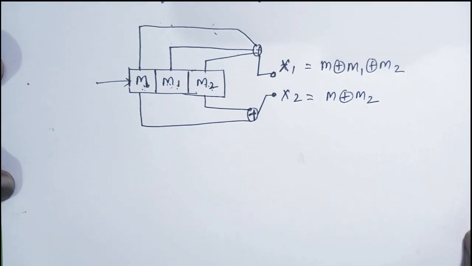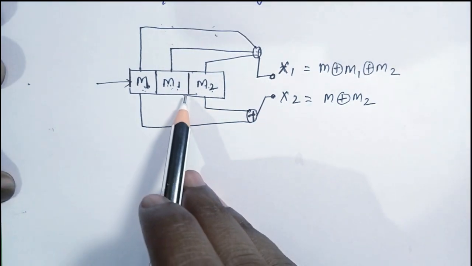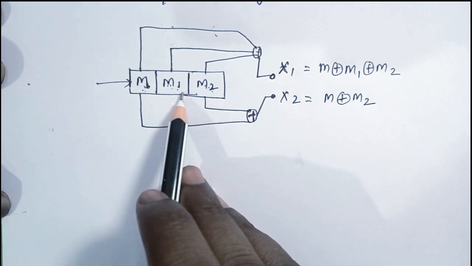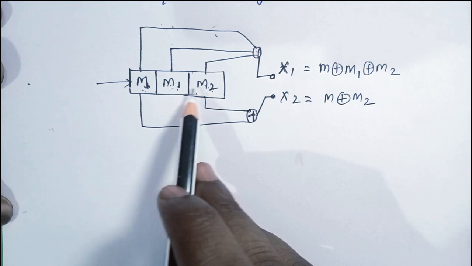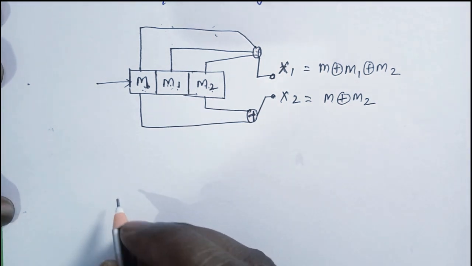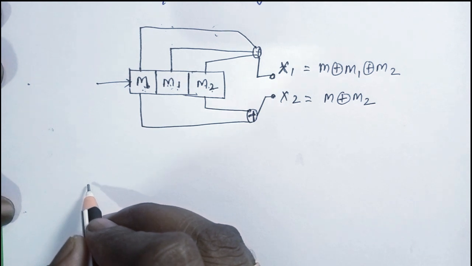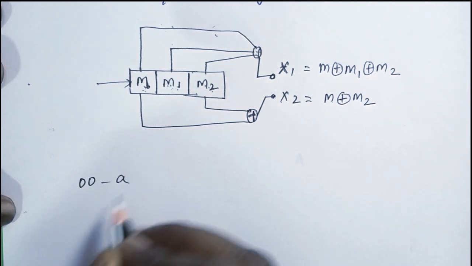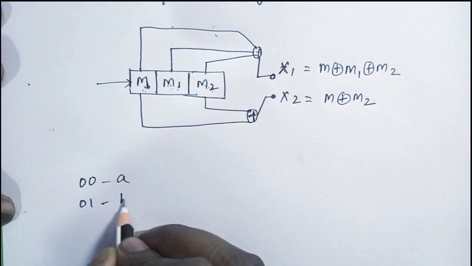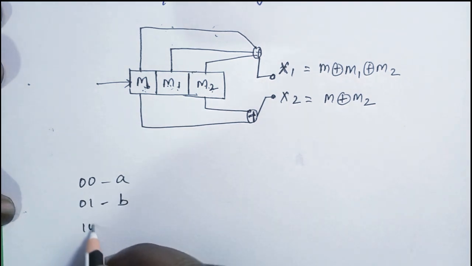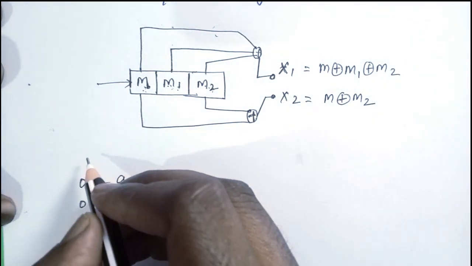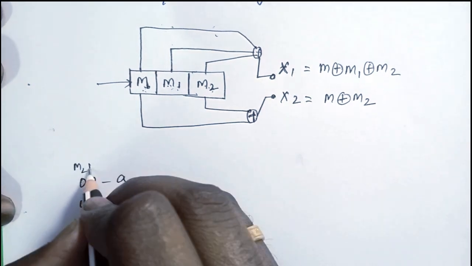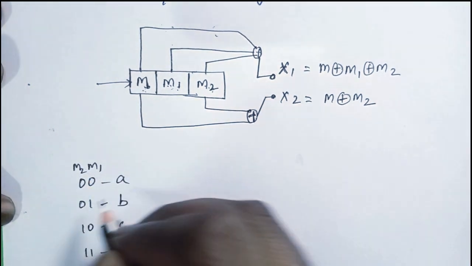So we know that the first 2 bits combined together form the encoder states. Let's take 0 0 as state A, 0 1 as state B, 1 0 as state C, and 1 1 as state D. This is our M2 and M1.